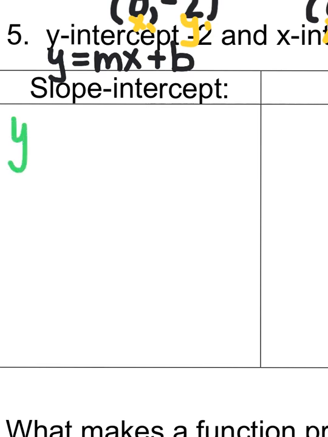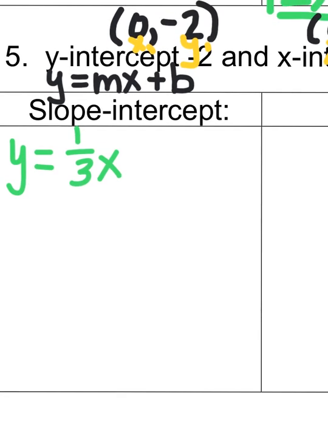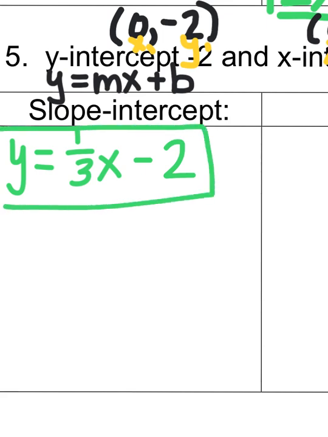Let's substitute what we know. Y equals, our slope was 1/3 x, and then what's our b? Our b is the y-intercept, -2 up there. So our slope-intercept form would be y equals 1/3 x minus 2.